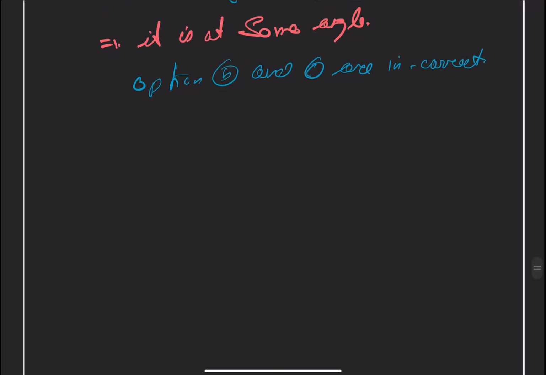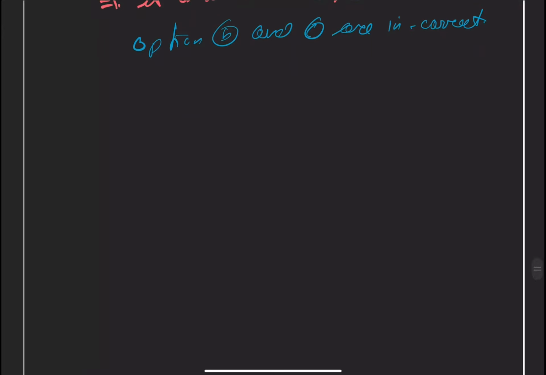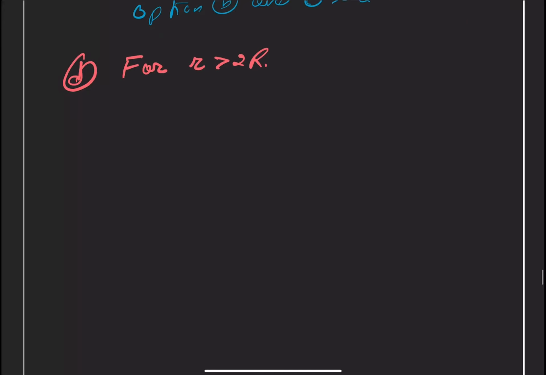Now we come to the last option, that is our D, and it says that for r greater than 2R, here for hollow cylinder our Bc will be equal to mu naught I upon 2 pi r, basically non-zero.